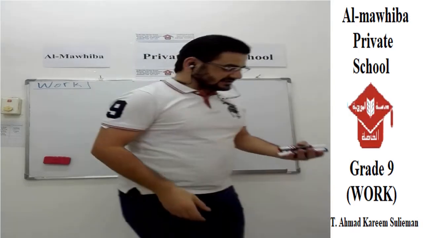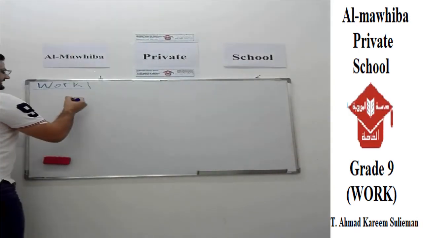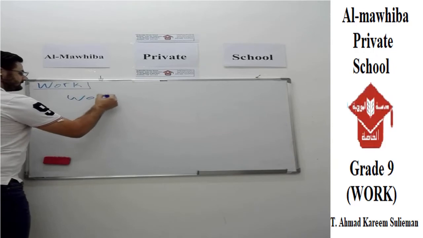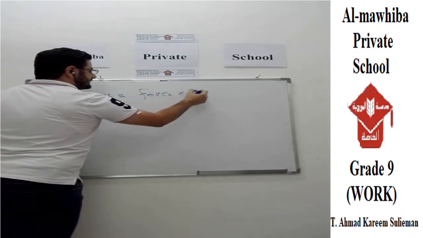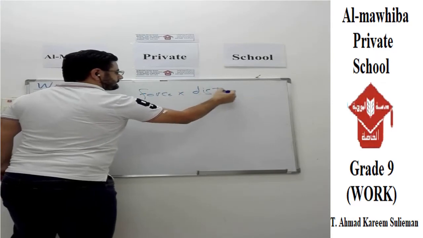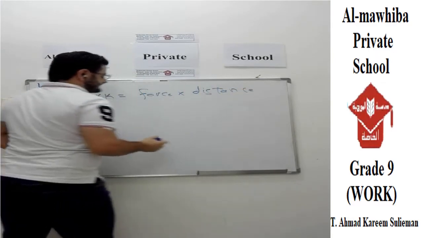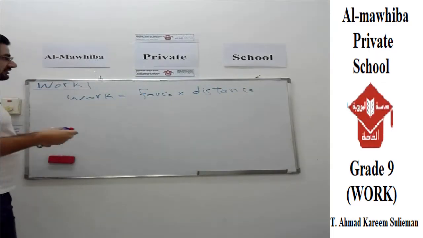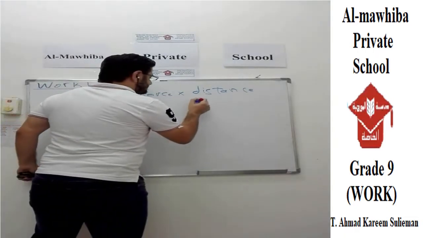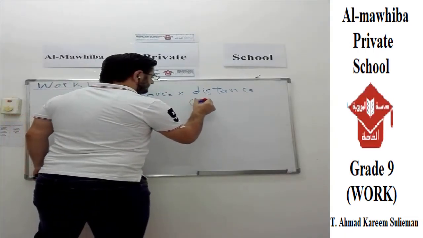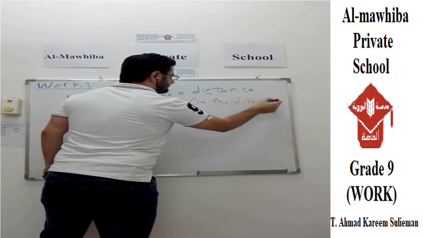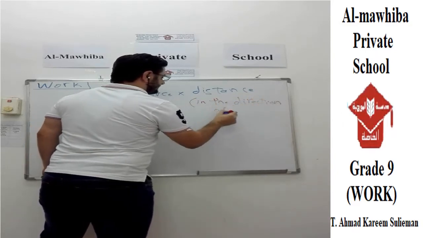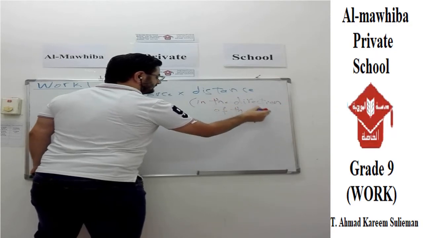So let's write the formula of the work. We can say that work equals force multiplied by distance. Of course, this distance we should remember is in the direction of the force.